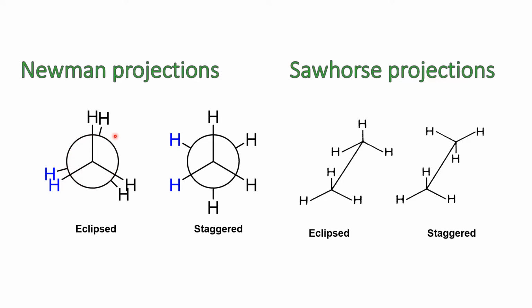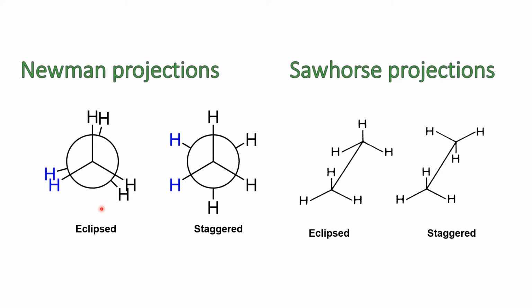Now all the substituents attached to the front carbon as well as the rear carbon are shown in the form of the English letter Y. This Y can be inverted like this, or it can be straight as it is in this rear carbon atom. And at the end of these lines representing the letter Y, different substituents can be shown.